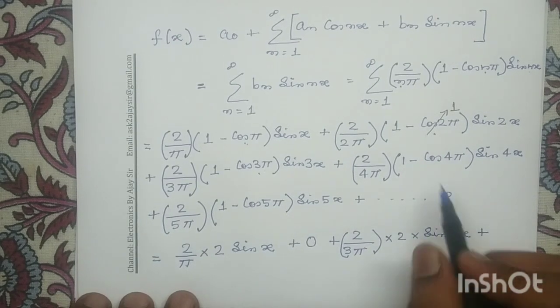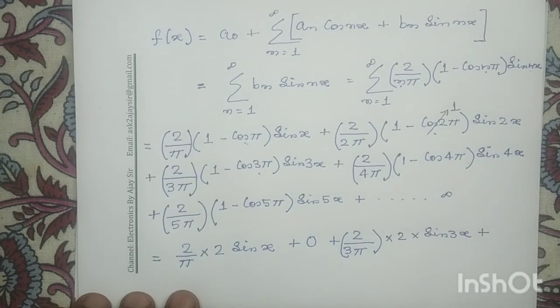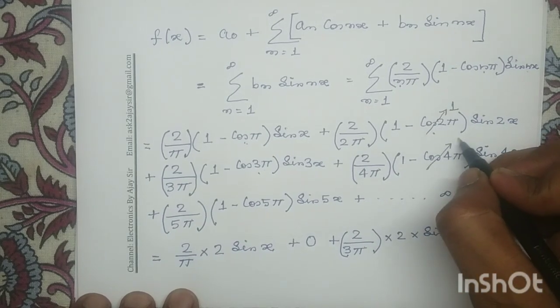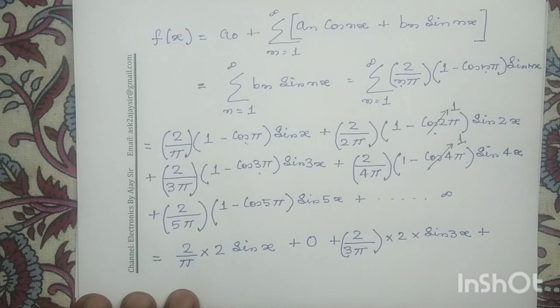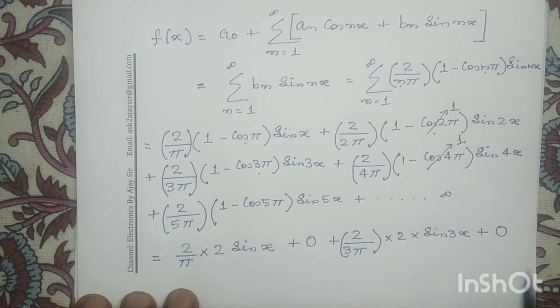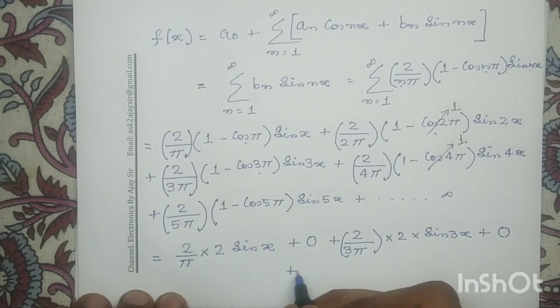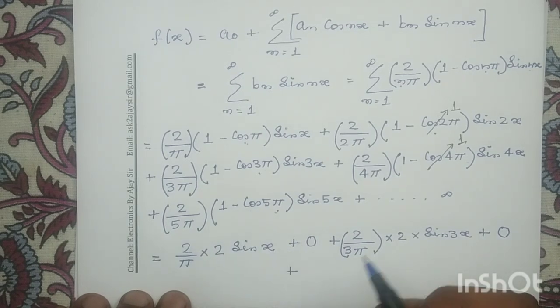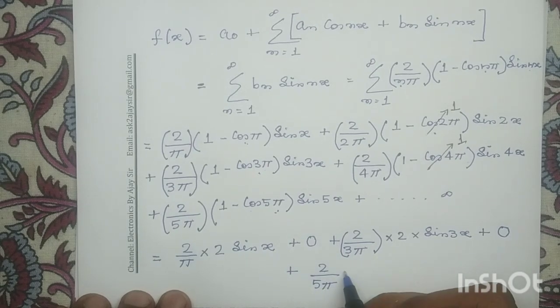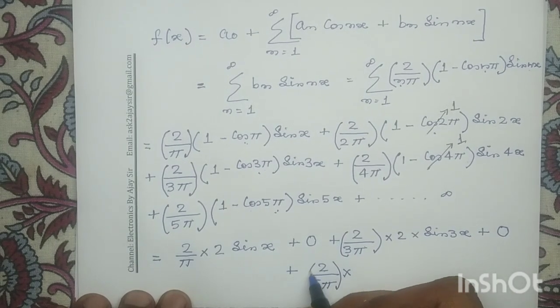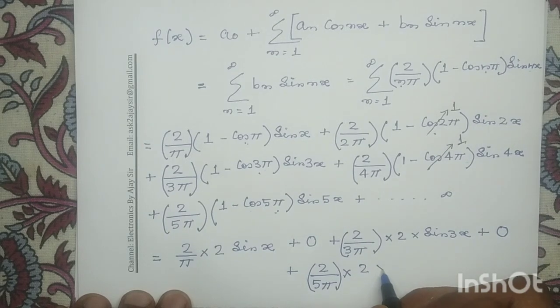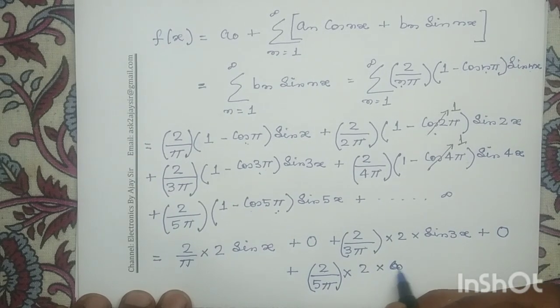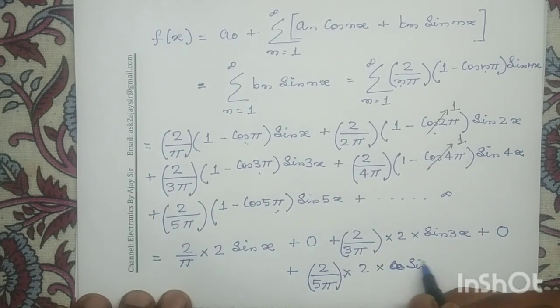Plus cos 4 pi. Cos 4 pi is 1, 1 minus 1 is evaluated to be 0. So this entire term becomes 0. And last, cos 5 pi is minus 1, minus of cos 5 pi becomes plus 1, 1 plus 1 becomes 2. So the expression becomes 2 by 5 pi multiplied with 2 multiplied with sine 5x.